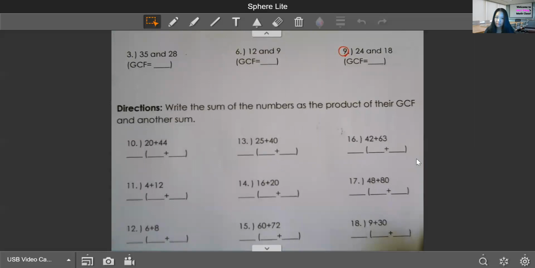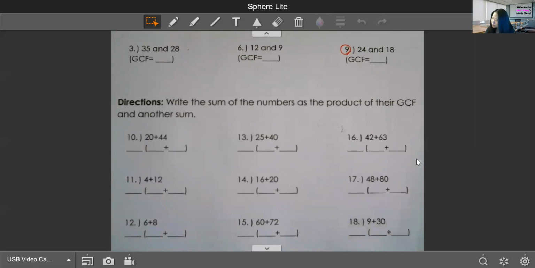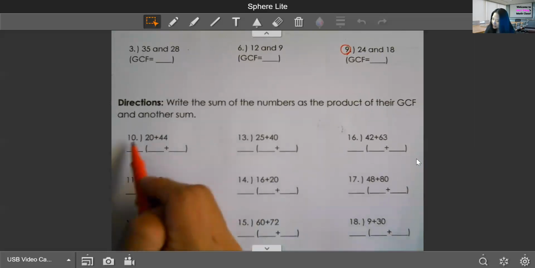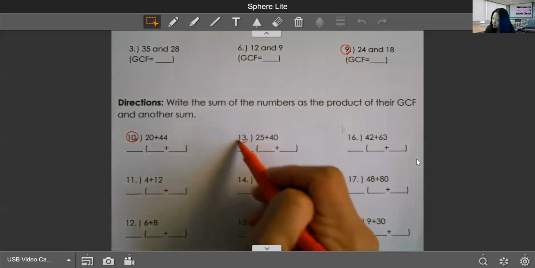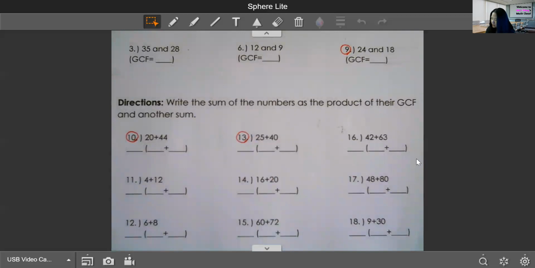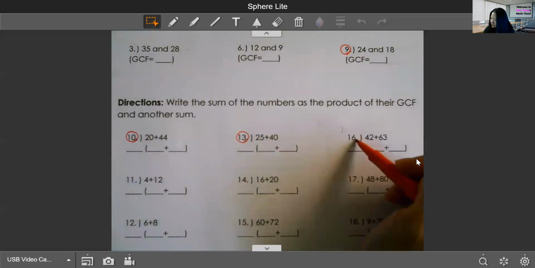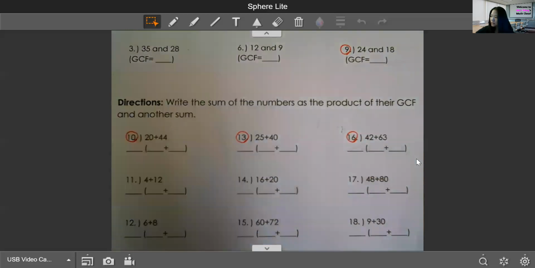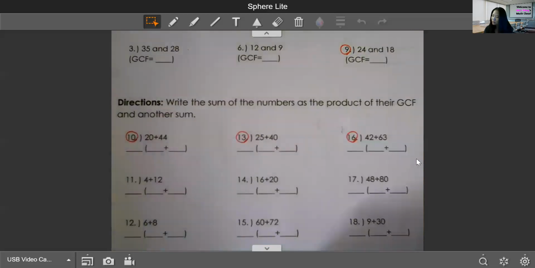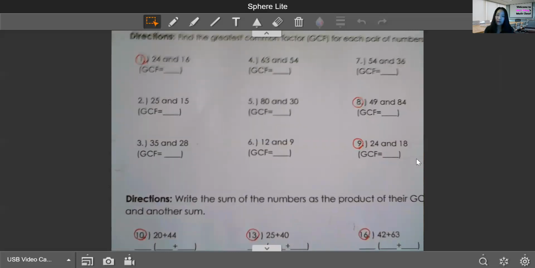From the bottom half of the homework, I think I'm going to do number 10, 13, and 16.